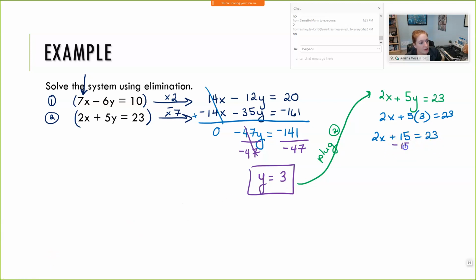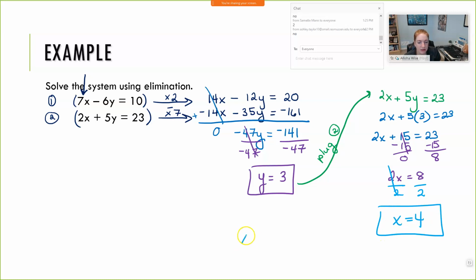Subtract 15 from both sides. 23 minus 15, 8. 2x equals 8. Divide both sides by 2. Bing, bang, boom. X equals 4. Yay! And we have our solution of 4, 3.